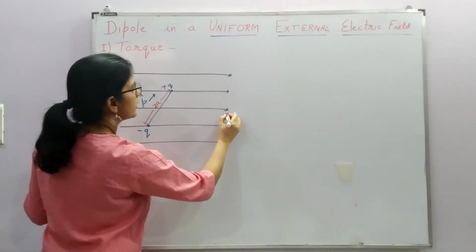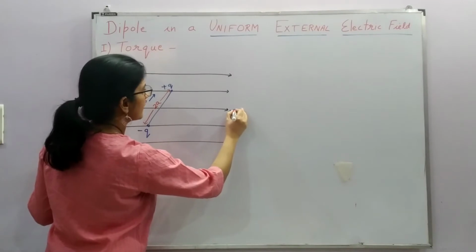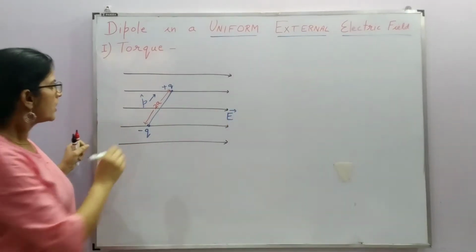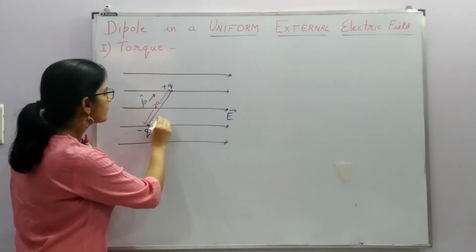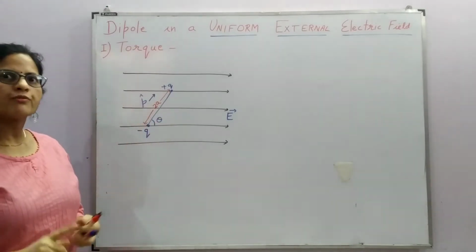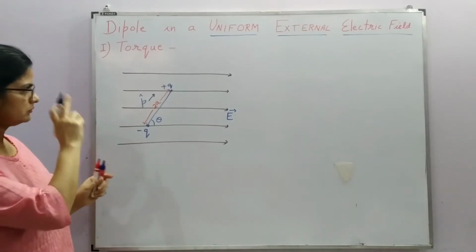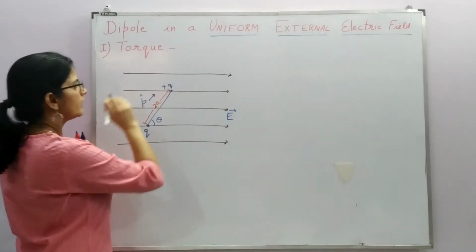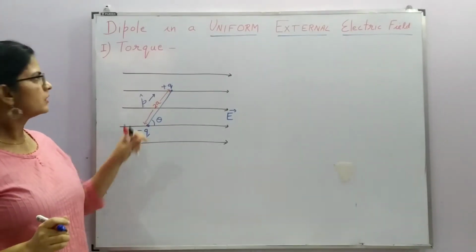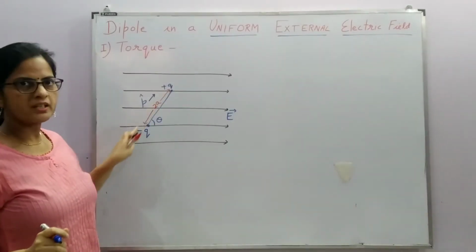This is the direction of the electric field vector, and theta is the orientation of this dipole with respect to the electric field. Now, let's mark the force acting on each of the charges of the dipole.